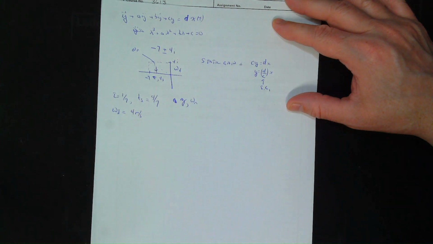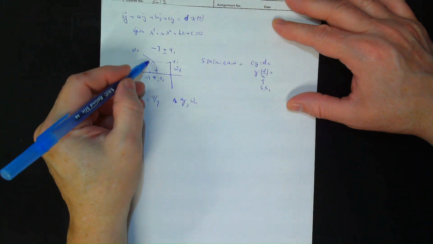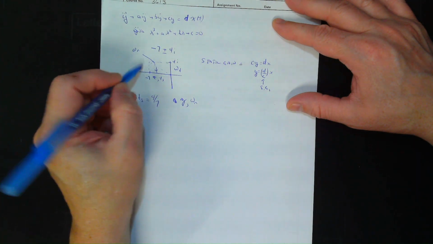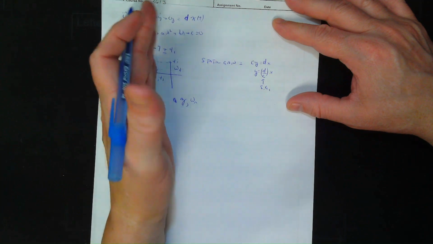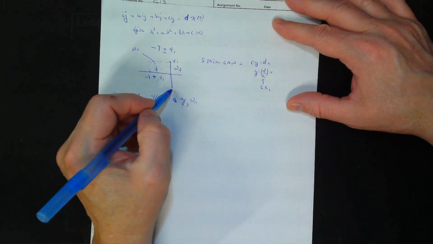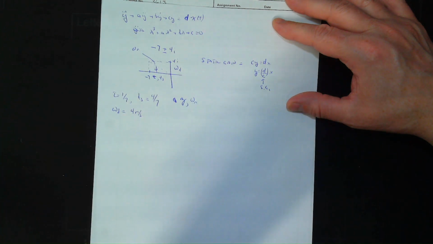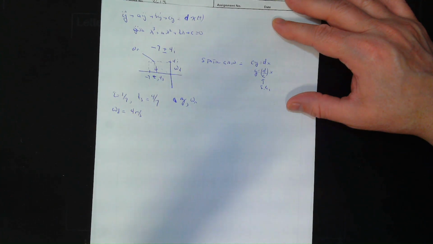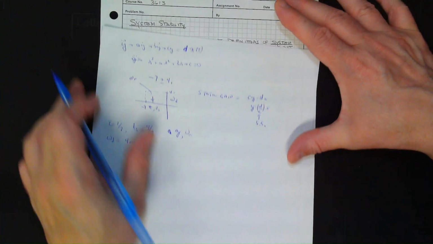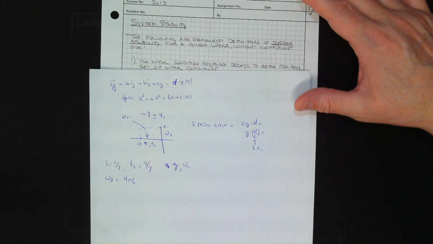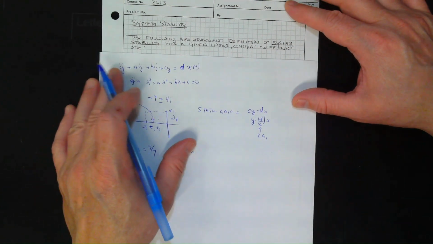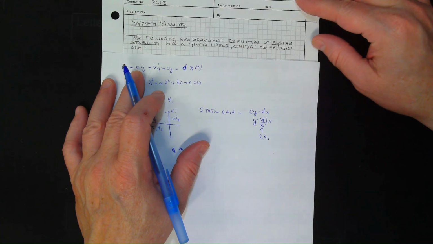All right. Now, we've talked about if we have the real part of the root, minus 7, on this side of the imaginary axis, the system is stable. And that's the thing we want to talk about next. Turns out there's a bunch of equivalent definitions of stability. So the following are equivalent definitions of system stability.